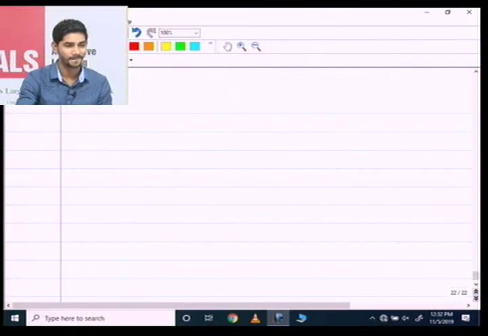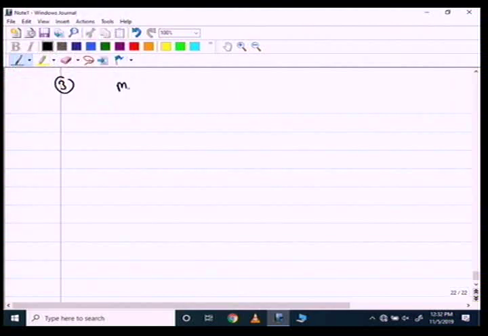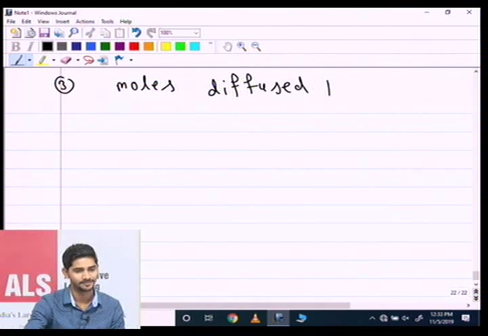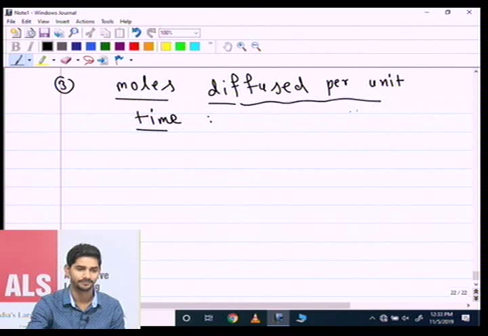Next, number 3. Moles diffused per unit time. See, R would be N by T this time.